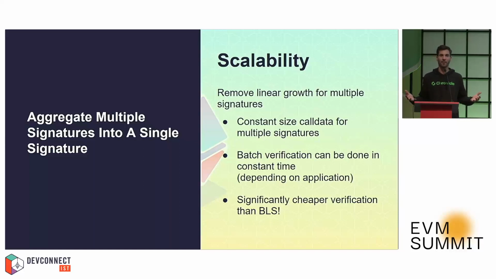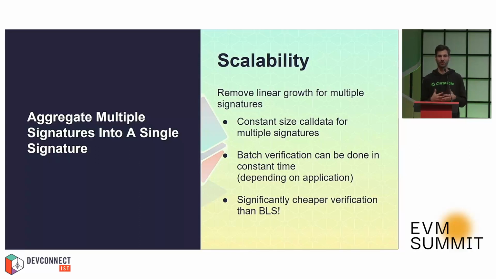If you're going to have multiple ECDSA signatures, you're going to have linear growth, not just in terms of the data that you're sending or storing, but also in terms of verification. So if you want 10 different people to sign something, you're going to have 10 different signatures, and you're going to verify, EC recover, 10 different signatures.